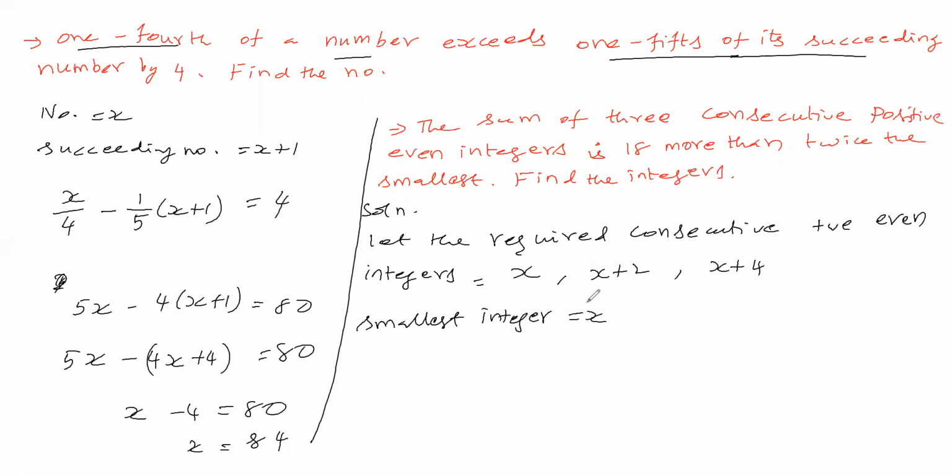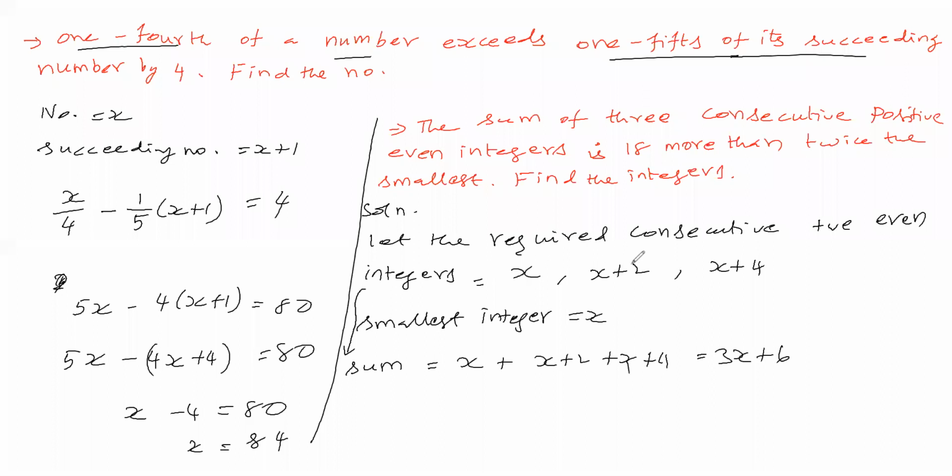Next we will take the sum of these integers: x plus x plus 2 plus x plus 4, that is equal to 3x plus 6.